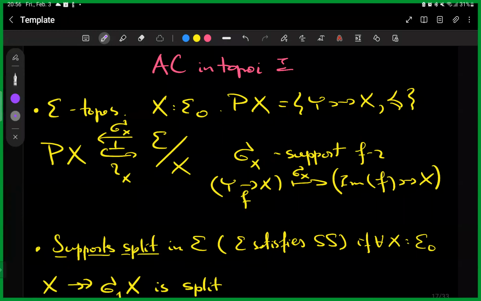So assume that we have a topos E and we have an arbitrary object X in this topos. Then we have a partially ordered set of subobjects in X. So the partial ordering comes from monomorphisms between two subobjects.